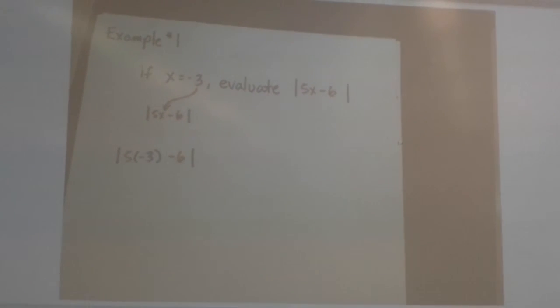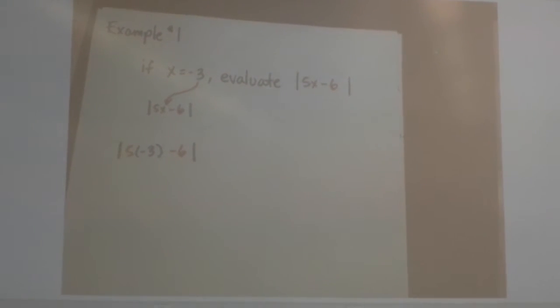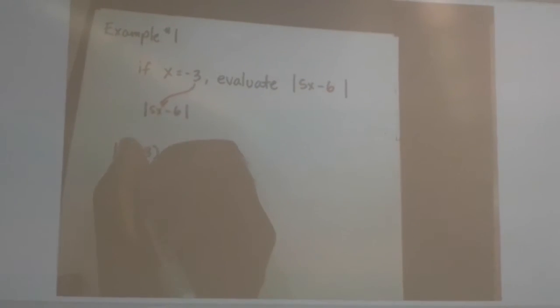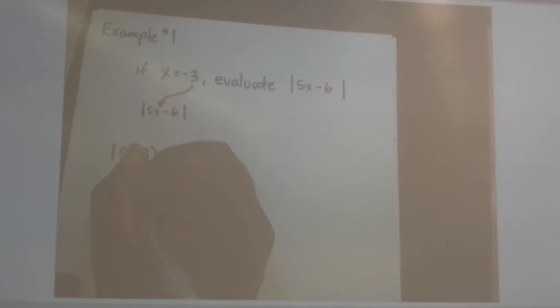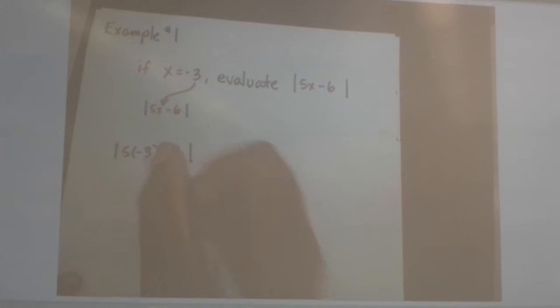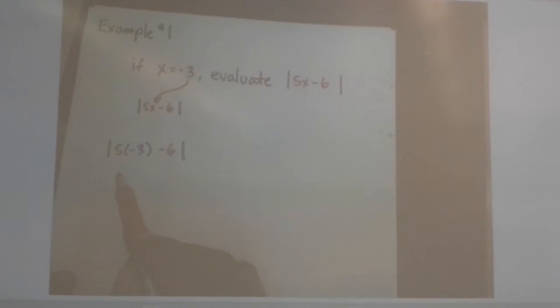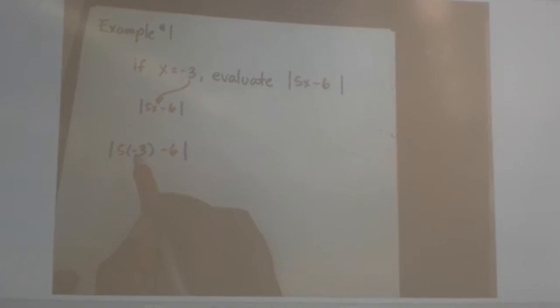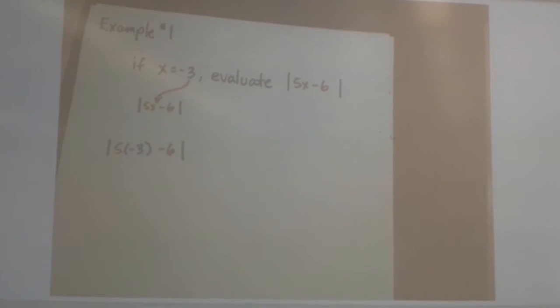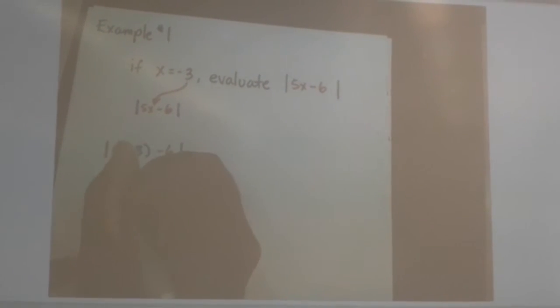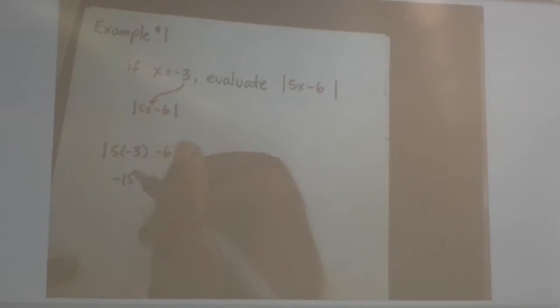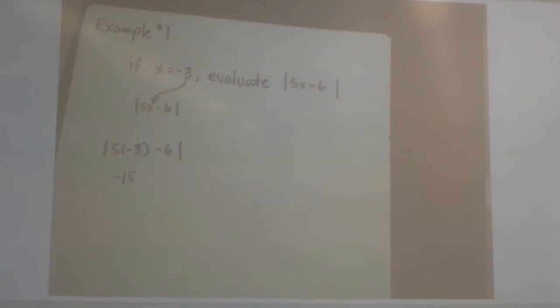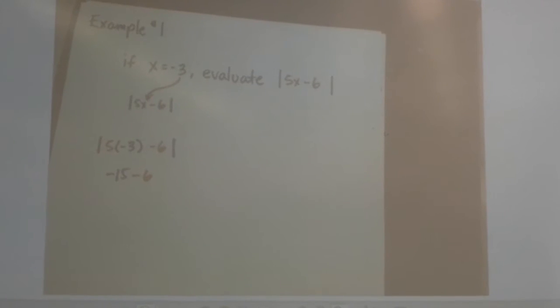Now solve your problem. Well, first we use the order of operations. Please excuse my dear Aunt Sally. 5 times negative 3 is going to be a negative 15. So negative 15 minus 6.